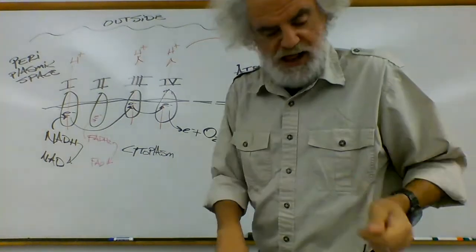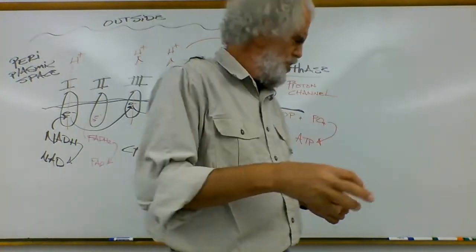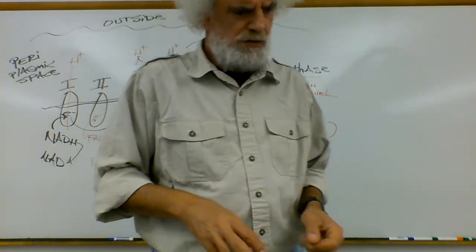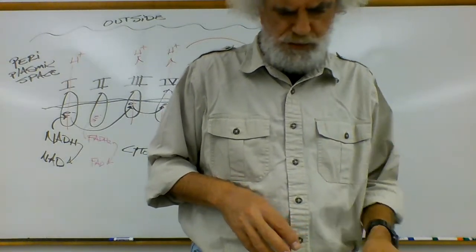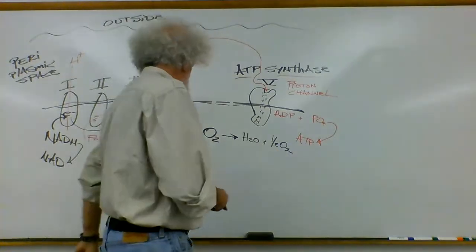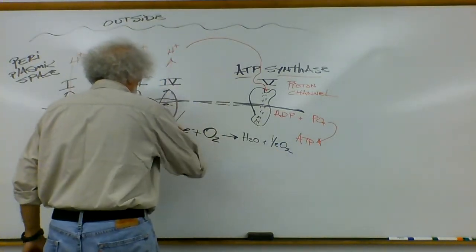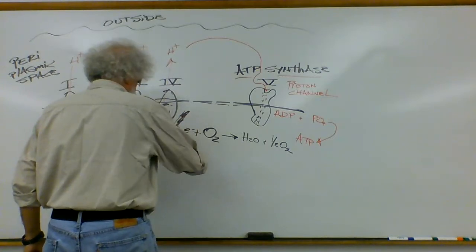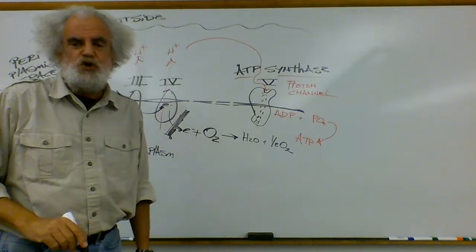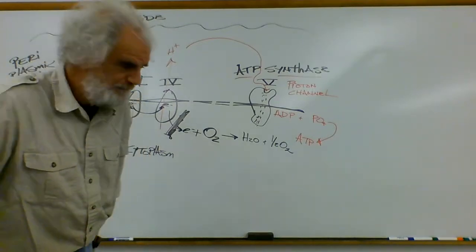Let's just go ahead and take a great big X and throw it down right there. There ain't no oxygen. So, no O2. What's going to happen? Watch what happens. It's not going to be pretty.